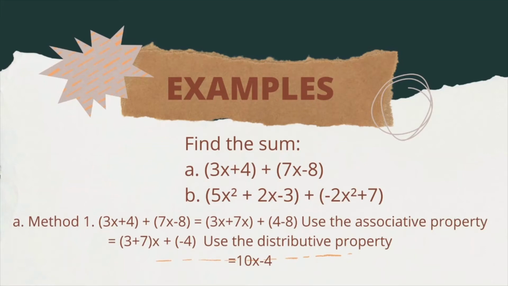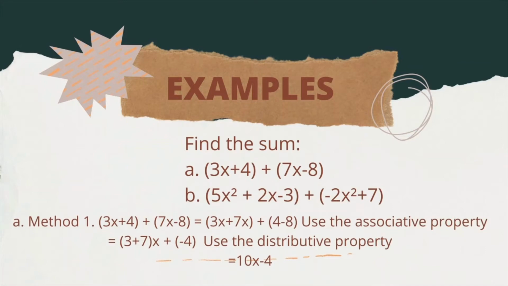First, we use the first method, which looks like this: open parenthesis 3x plus 4 close parenthesis plus open parenthesis 7x minus 8 close parenthesis. For the first step, we use the associative property: (3x plus 7x) plus (4 minus 8).